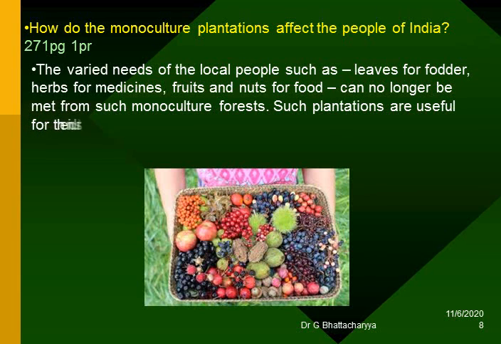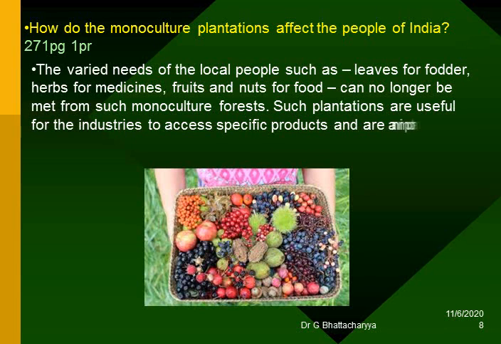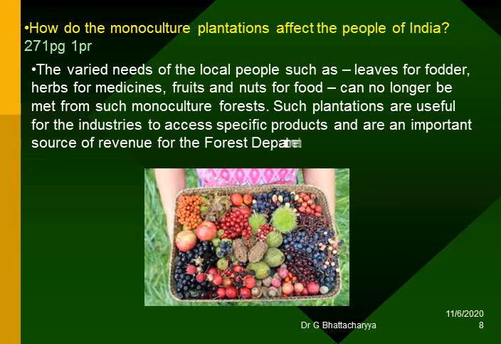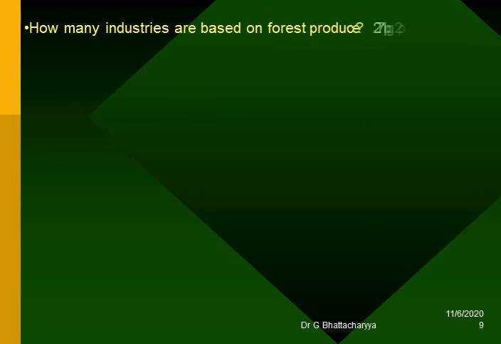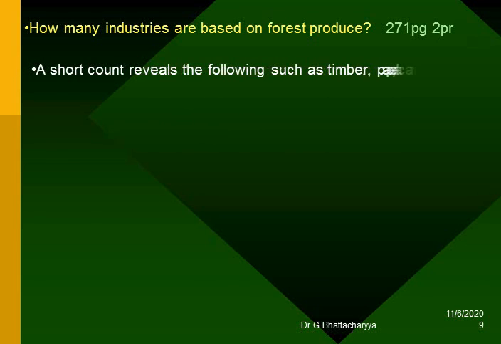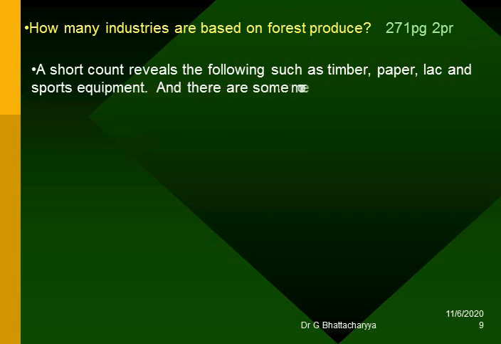Such plantations are useful for the industries to access specific products and are an important source of revenue for the forest department. How many industries are based on forest produce? A short count reveals the following: timber, paper, lac and sports equipment, and there are some more.